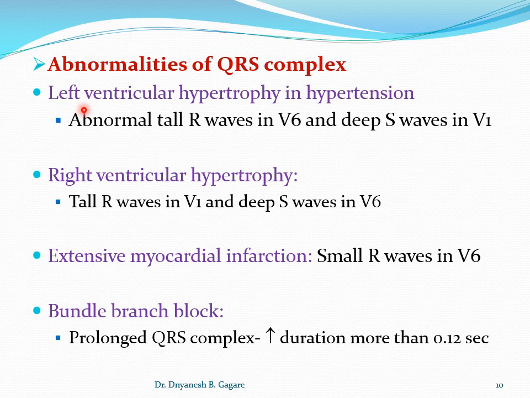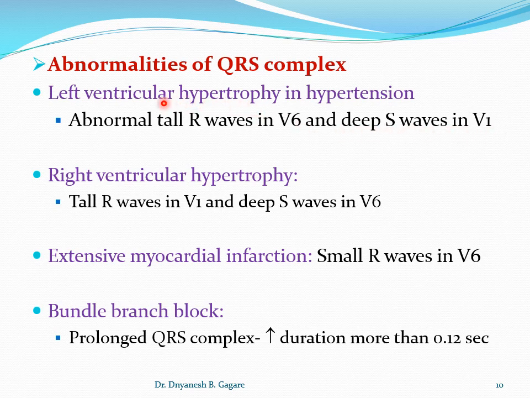The QRS complex becomes abnormal in some conditions. In left ventricular hypertrophy, in hypertension, there is an abnormal tall R wave. That is, we get a tall R wave in V6 and a deep S wave in V1.